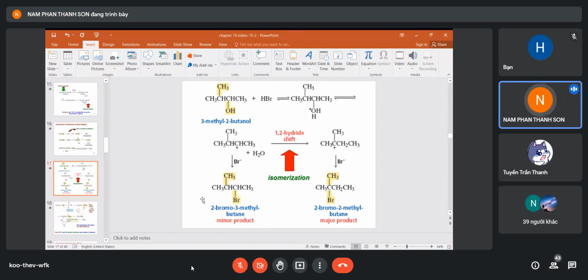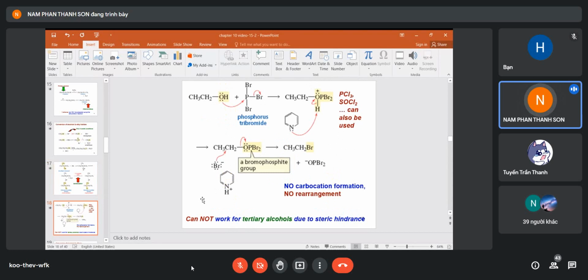All right, everyone, be careful. We might have rearrangement here, but sometimes we don't want rearrangement, and if you don't want rearrangement, then do not produce carbocation. I mean, we have to carry out the reaction with an SN2 mechanism.